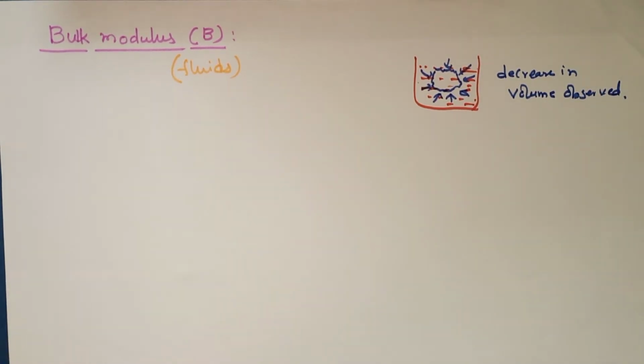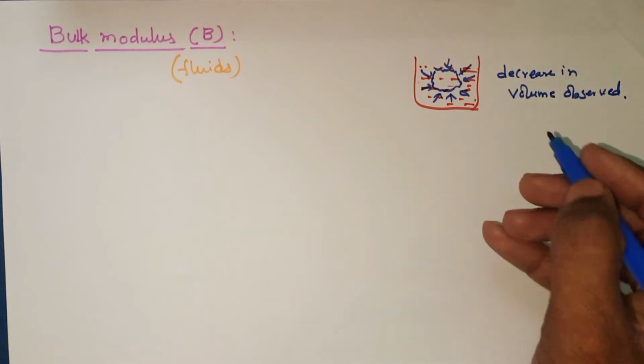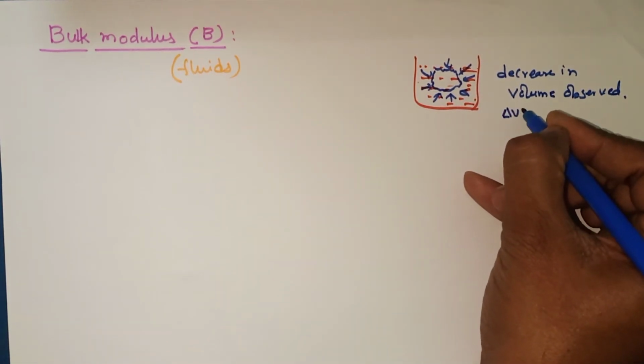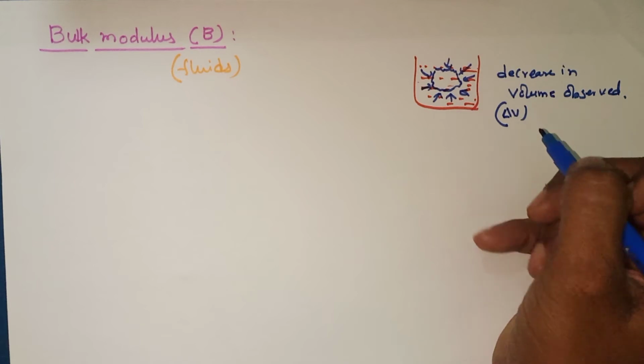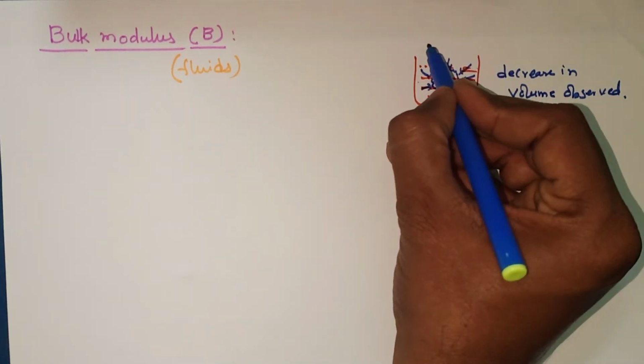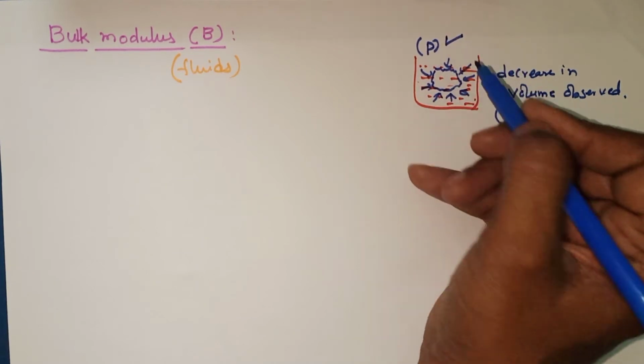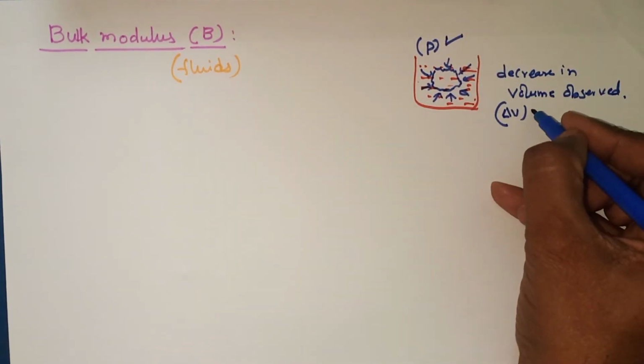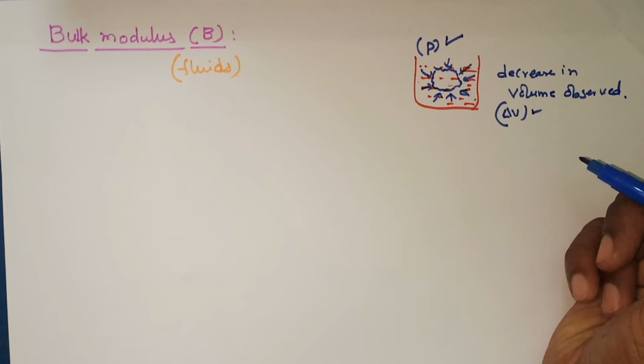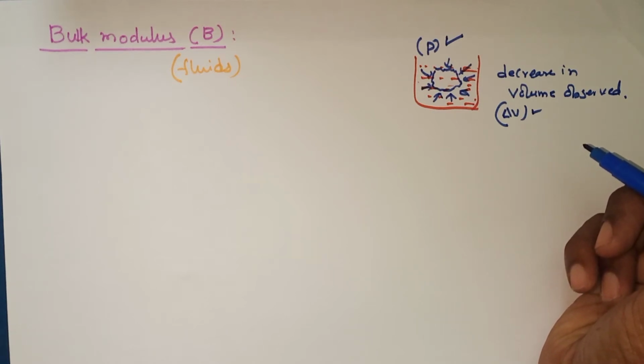Earlier we have seen some shift in the upper side, a shift in the body, but here what is happening? The volume changes, a decrease in volume is observed. So a decrease delta V is observed here where P is applied on it. By applying pressure, a volume change is observed.